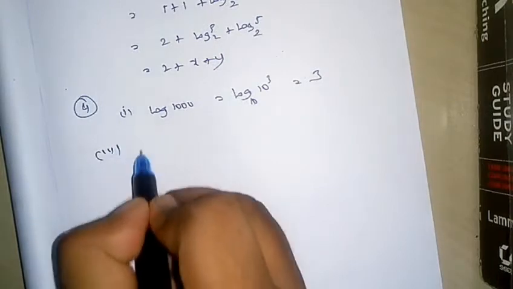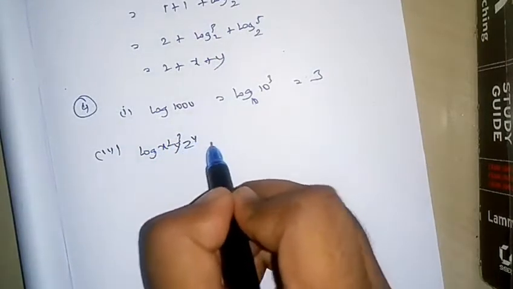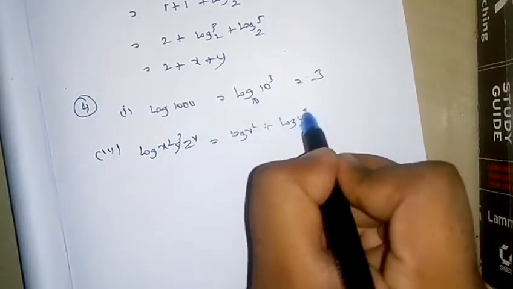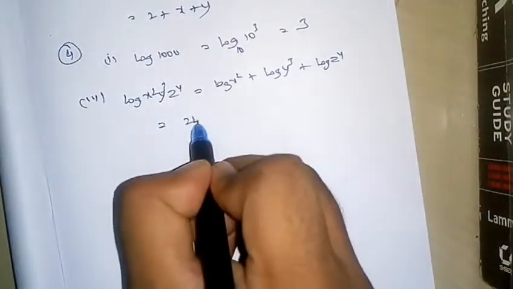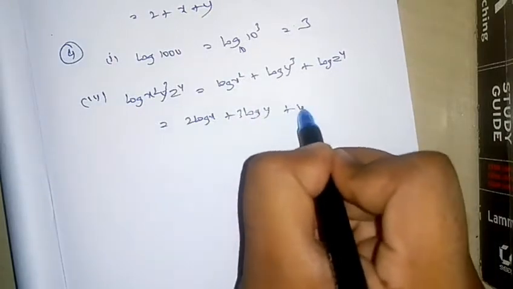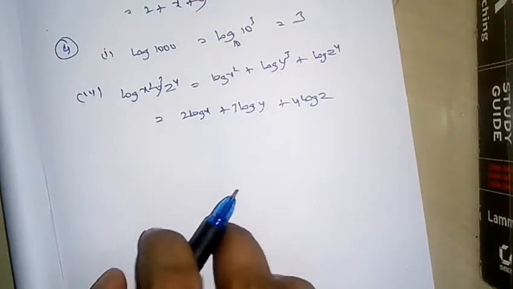Next, third one, log x square y cube z power 4. This can be written as log x square plus log y cube plus log z power 4. So this can be written as 2 log x plus 3 log y plus 4 log z. So these are the expansions.